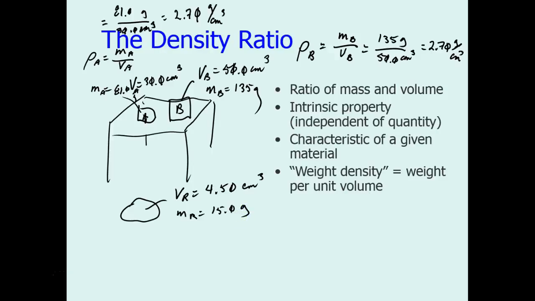What is the density of the rock? The density of the rock would be the mass of the rock, M, divided by V, the volume of the rock.